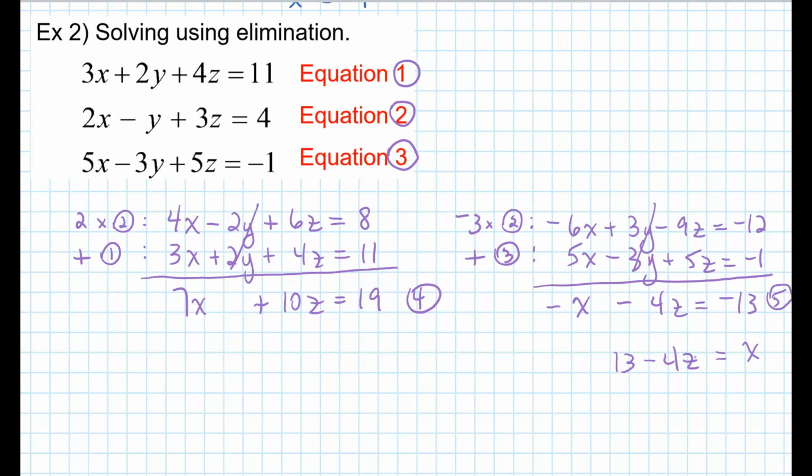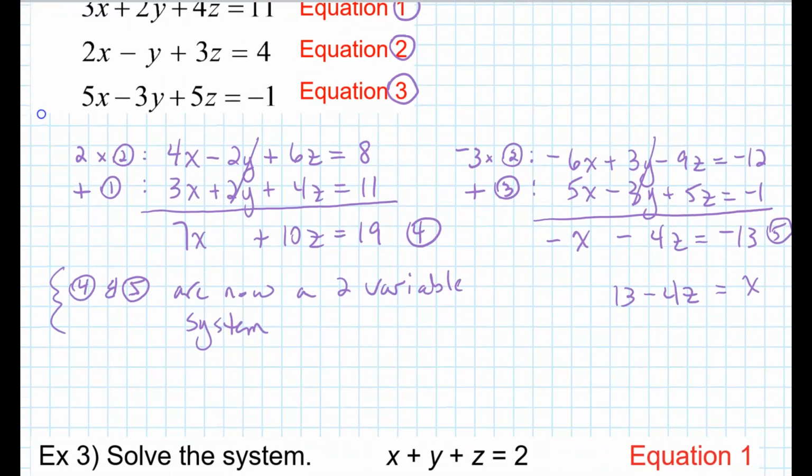And let me put a note: 4 and 5 are now a 2 variable system. Do we have to make the note? No, you don't. I just wanted to make sure that everybody realized what we did.